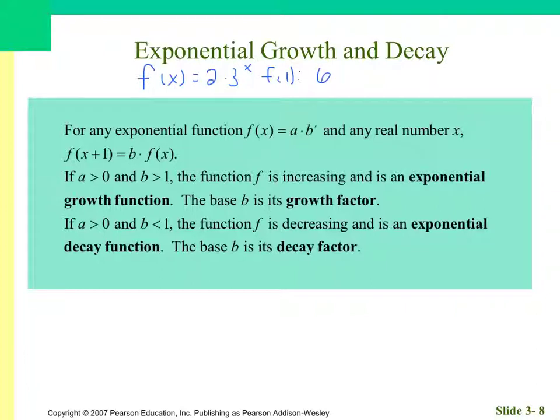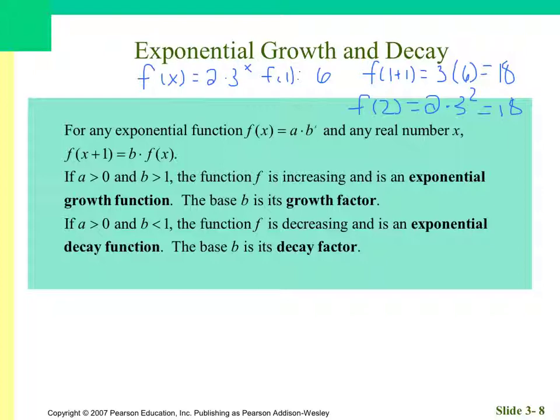Now watch. 1 plus 1 is 2, but instead of plugging it in, what does b equal in this problem? 3, times f of x, which was what we just found, the 6: 18. And if I did it using the equation, you get 3 squared is 9, times 2, 18. So, see how they work? That's what that means, okay?